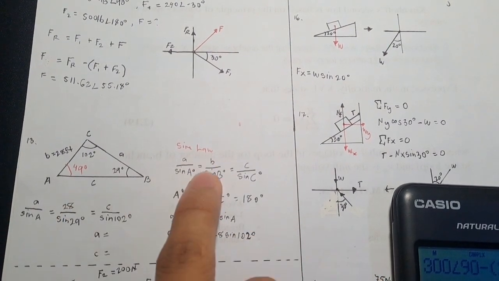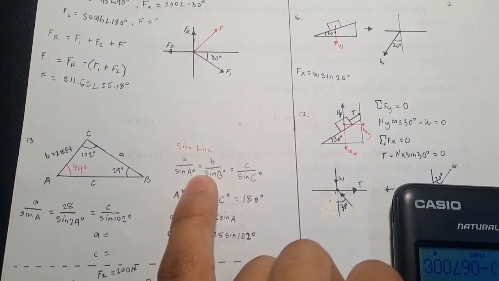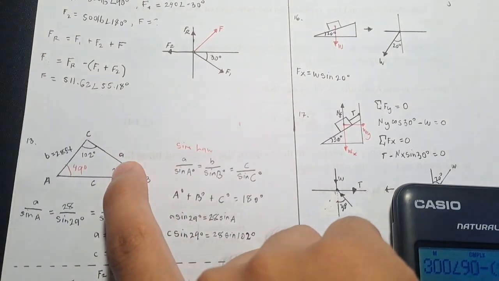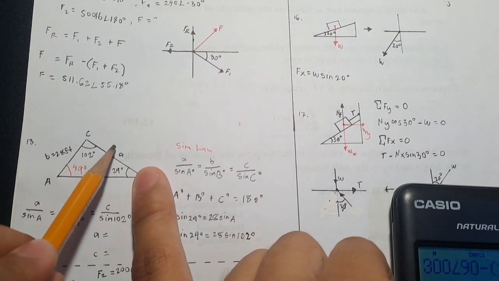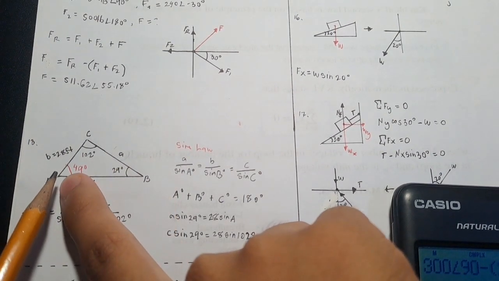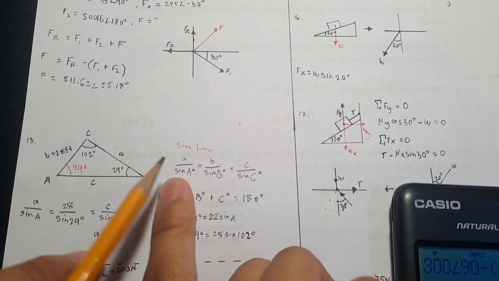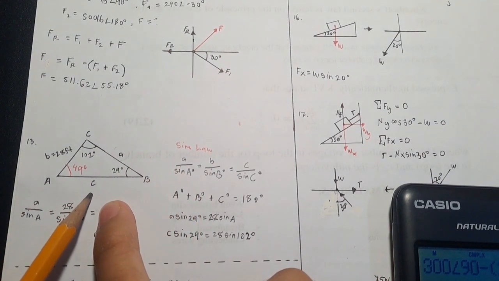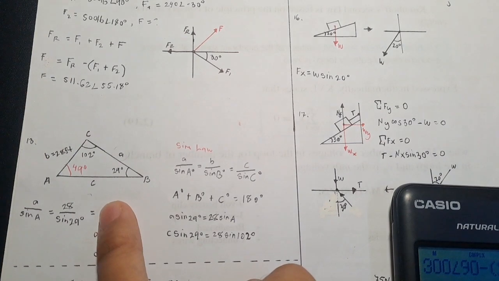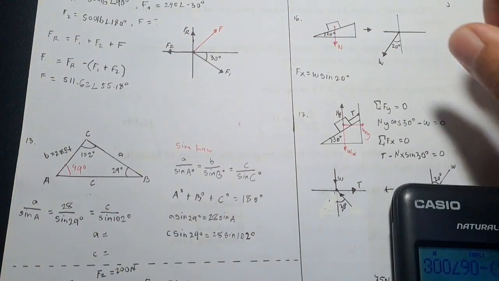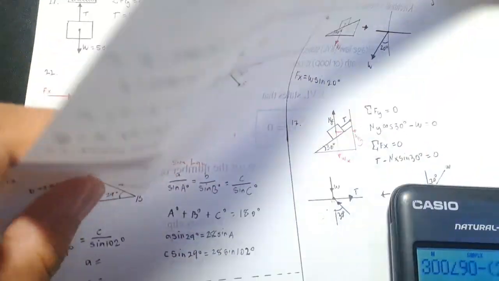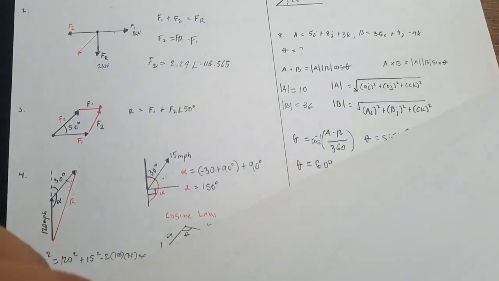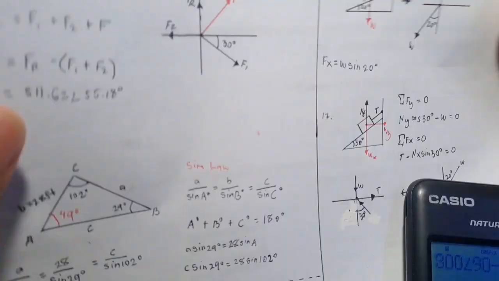So we will use the sine law, which kung ano yung angle sides na to, ano yung side na to, kung ano man ang side na to, yung opposite na angle niya ay yung nasa baba niya. So C ang resultant mo, si 102 yung angle niya, which if you recall sa kanina, number 4, we did the same thing.